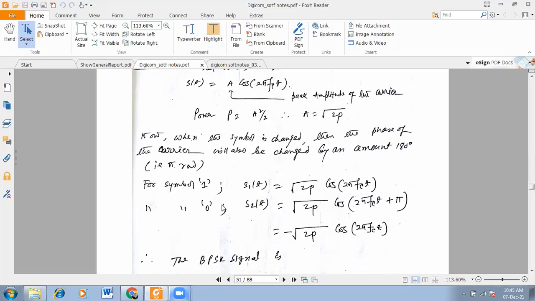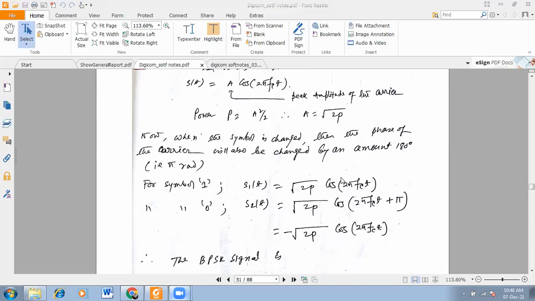For logic 1, or symbol 1, the modulated wave is root 2P_s cos 2 pi f_c t. For 0, we use root 2P_s cos(2 pi f_c t plus pi).